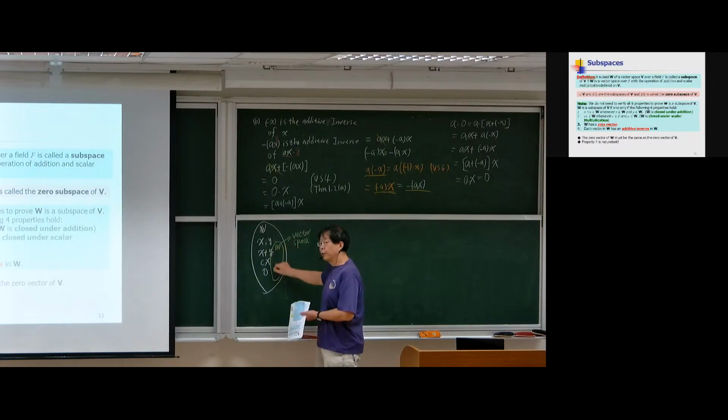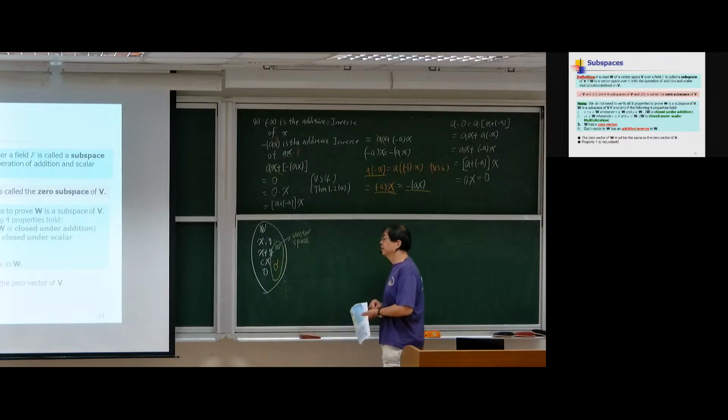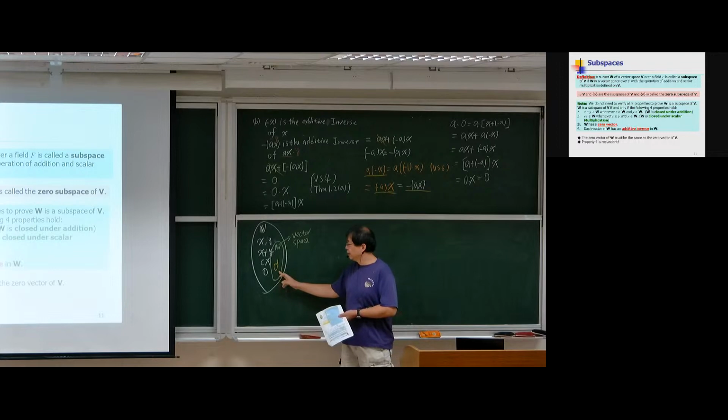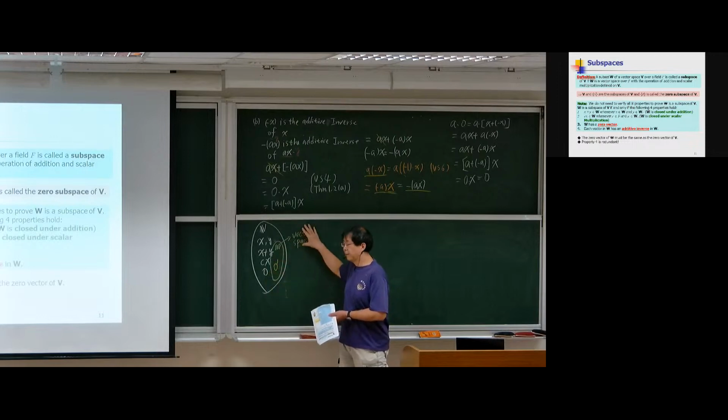So in W we also have a zero vector, but is this zero vector identical to the zero vector here in V? We don't know yet. But because W is a vector space, 0 prime exists.